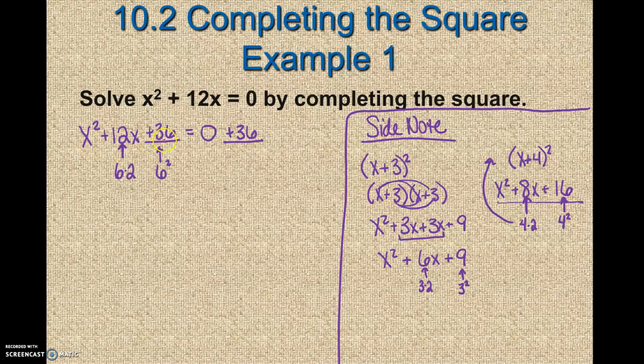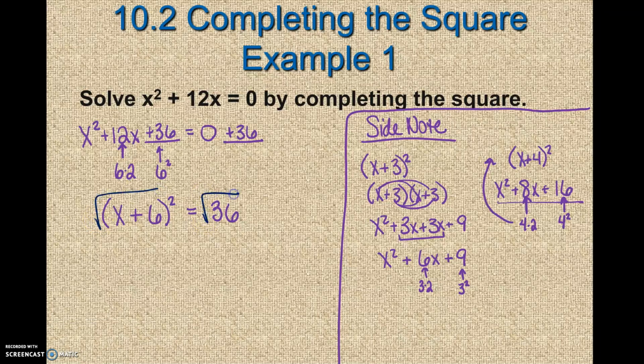We know that this trinomial is 6 squared, or 6 times 2 in the middle, 6 squared for the third term. So it factors into x plus 6 squared. And on the right side, we have 36. Is that the type of equation that we were solving last week? Why, yes, it is.